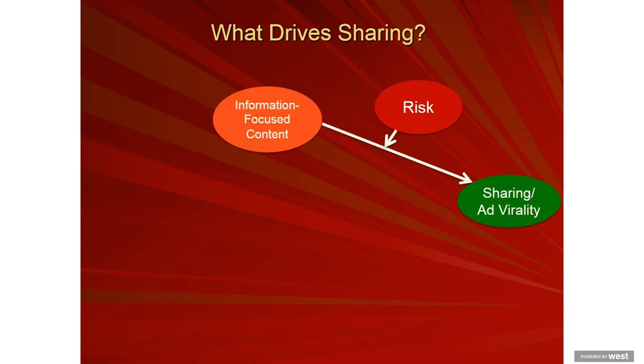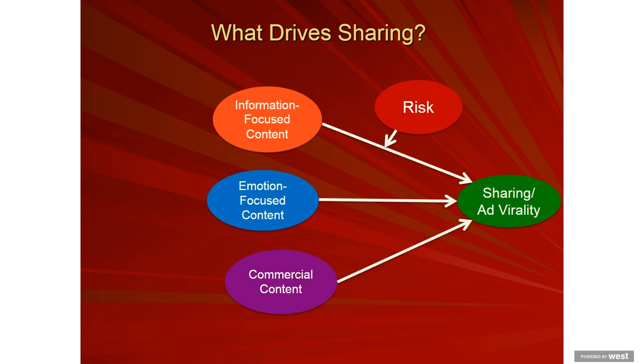In that case, people might want to see information before they share the ad. We think the most important driver of sharing is emotion. And that is because emotion-arousing ads are interesting, they grab the viewer's attention, viewers stay to the end, and then they're more likely to share and act on the message.